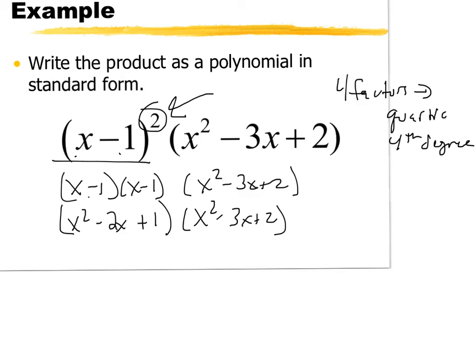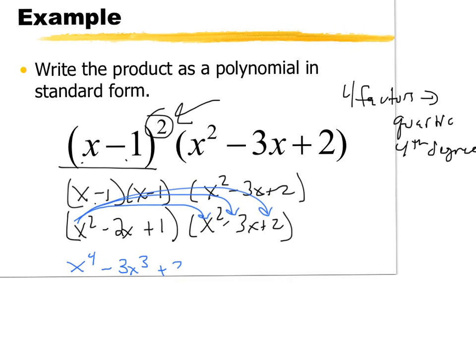So now I'm going to do the same thing. I'll draw it once, so I got x squared times x squared, which is x to the 4th, x squared times negative 3x, which is negative 3x cubed, x squared times 2 is 2x squared. And then we have negative 2x times x squared is a negative 2x cubed.